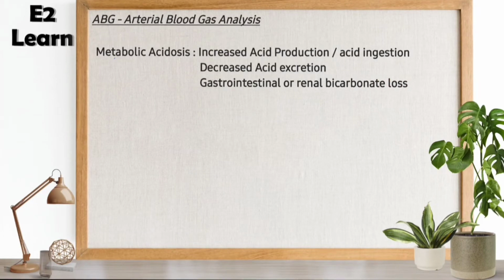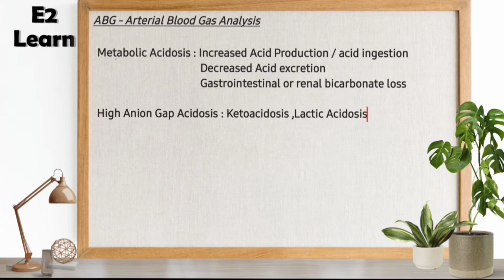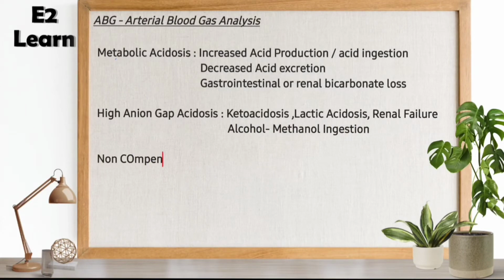At that moment, we tend to have more protons accumulated within the body, hence termed metabolic acidosis. The most concerning is a high anion gap acidosis, due to illnesses like ketoacidosis, lactic acidosis, renal failure, or acute methanol ingestion.